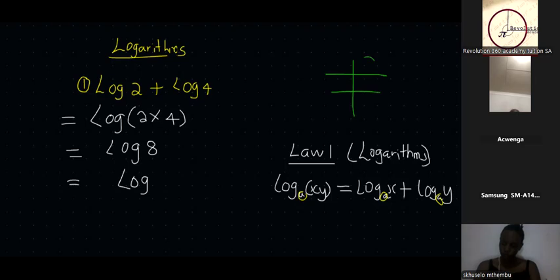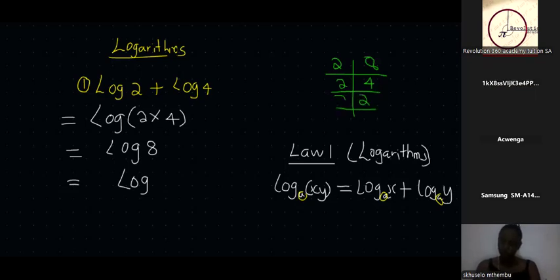That 4, you write it here. Then 4 divided by 2 gives 2. That 2, you write it here. Then 2 divided by 2 gives 1. And then you count how many 2's you have on the left-hand side of the fishbone method. There are 3, so this will be 2 to the exponent of 3.